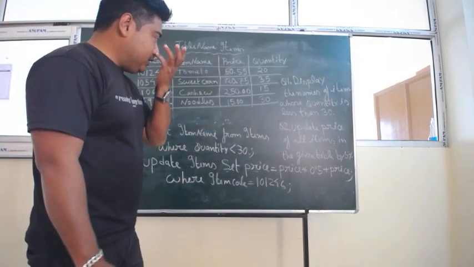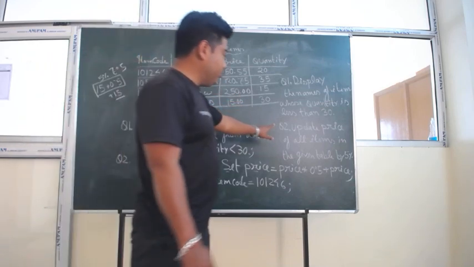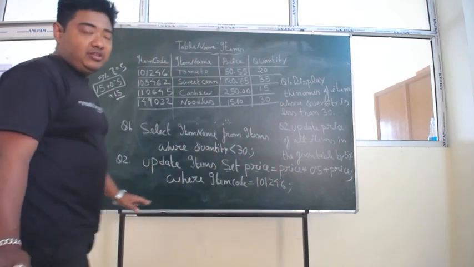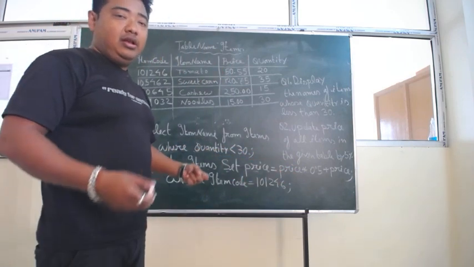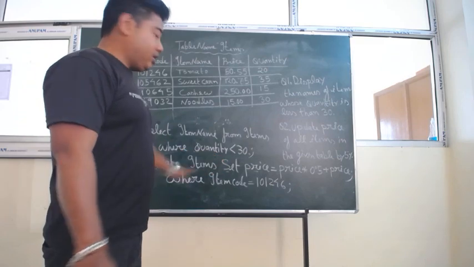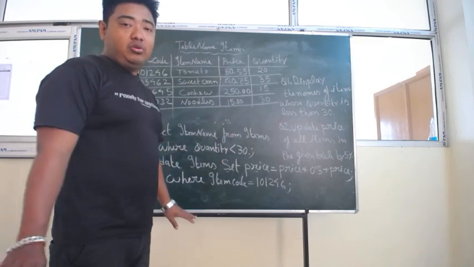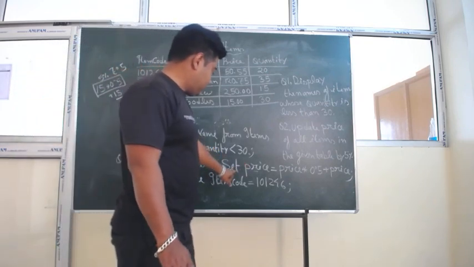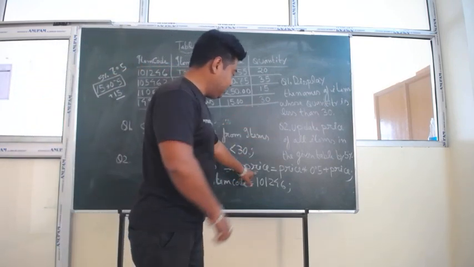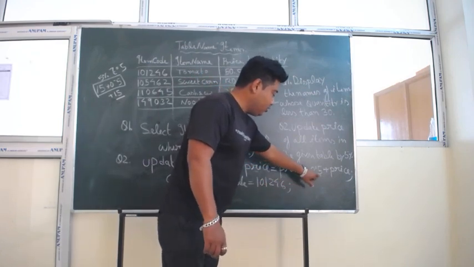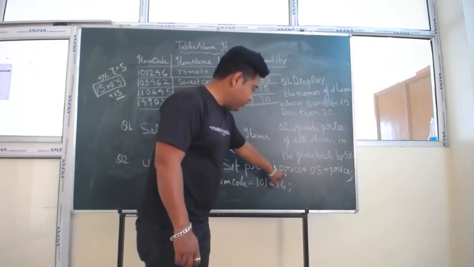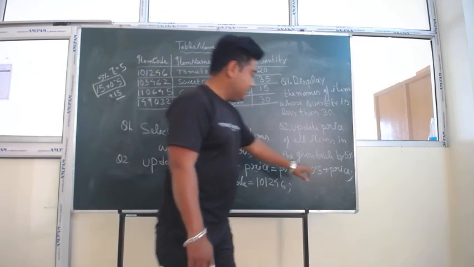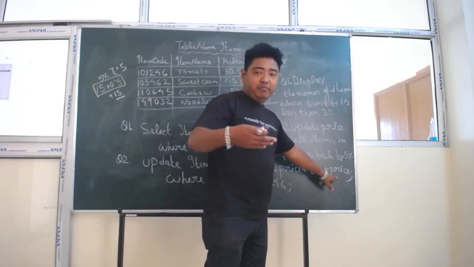Okay. Again, I am telling, in question number 2 you can see: update the price of all the items given in the table. Here they have not mentioned any condition. Directly they are telling that you have to update all the records. That means 4 records are there, you update 4 records. For that, what we have written: update items set price, because price we have to update, equal to price into 0.5, this portion will give 5% of the price, plus price, then only the 5% will increase.